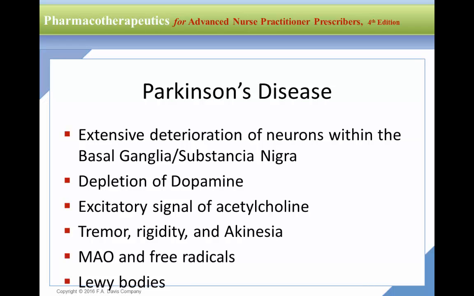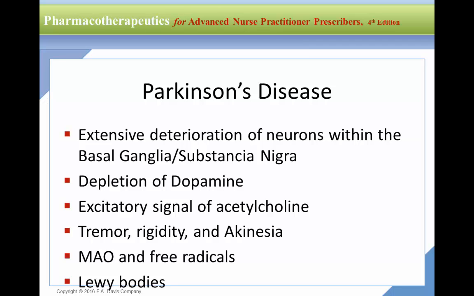Now, talking about Parkinson disease, if you remember in pathophysiology, Parkinson disease is basically a slowly progressive degenerative disorder that produces resting tremor, stiffness, bradykinesia, and all the symptoms that we just discussed right now.